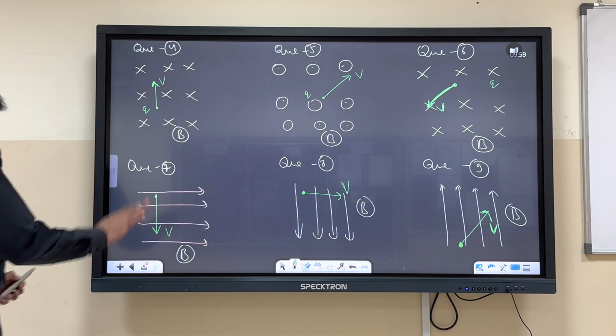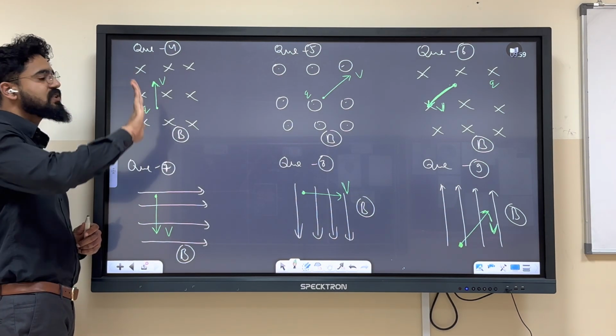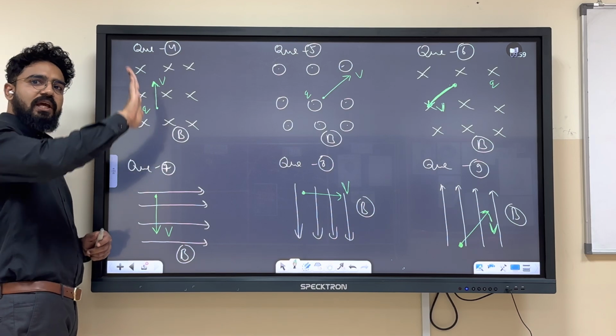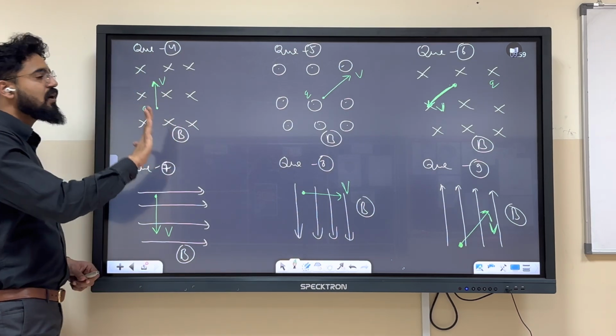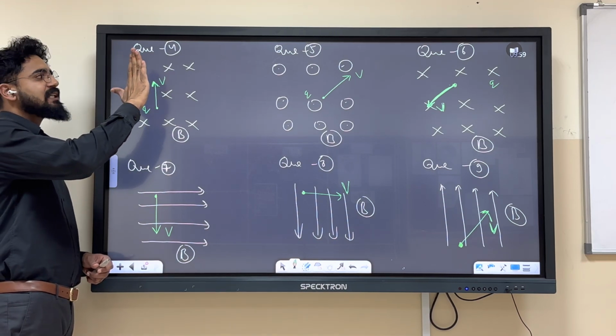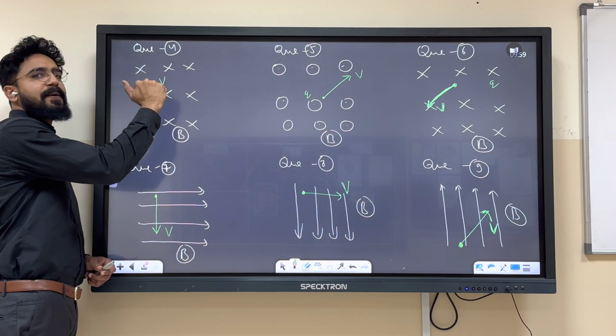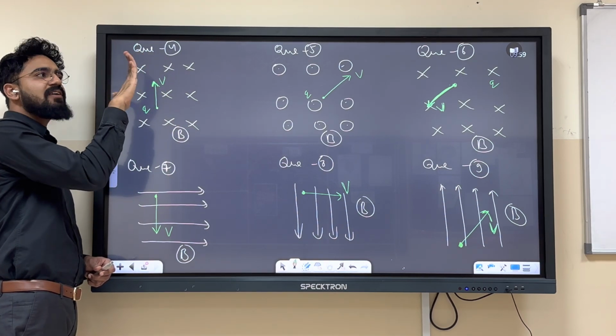Okay. So V in this direction. Everyone with me. You have to move your hand with me. V over here. And where is the magnetic field? It is inside. So I can move my hand like this anywhere. Correct.